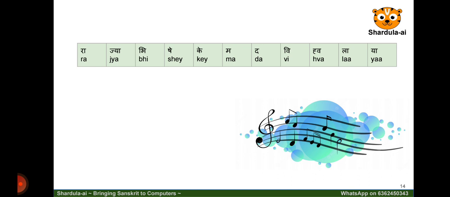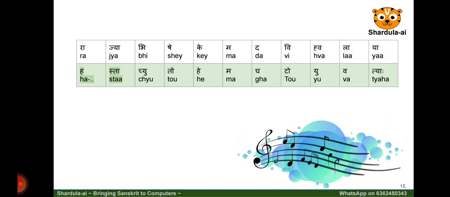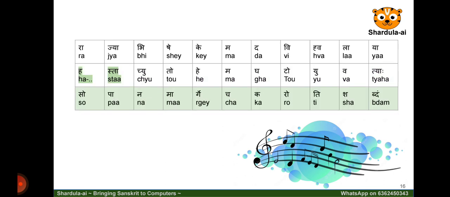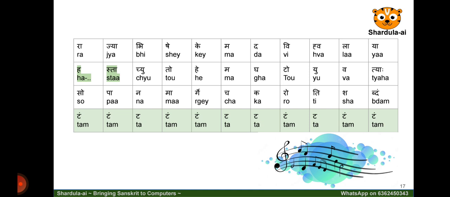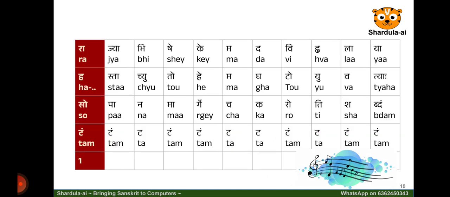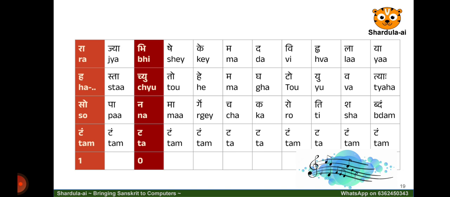As an example, Rajyabhisheke Madavihvalaya is divided into various shabdas or sounds or syllables, and the subsequent line, Hastachyuto Hema Ghato Yuvatya and Sopana Margecha Karoti Shabdam, gets exactly mapped into a matrix, a rectangular grid of rows and columns. Looking at the columns one by one, the first column is Ra, Ha, So, Tum, which takes relatively more time to say compared to a column which takes less time to say, which is Bhi, Chu, Na, Ta.